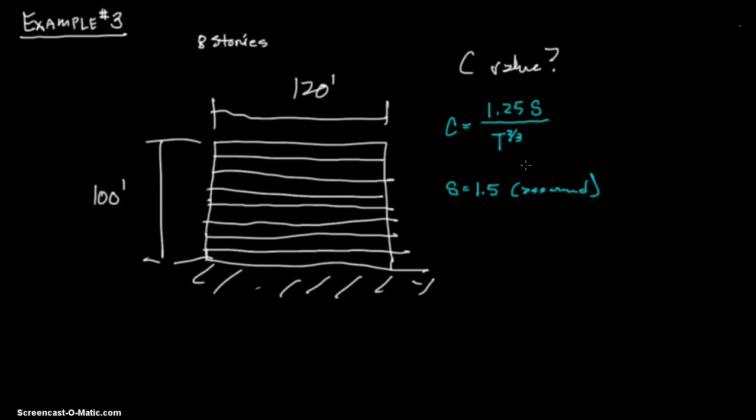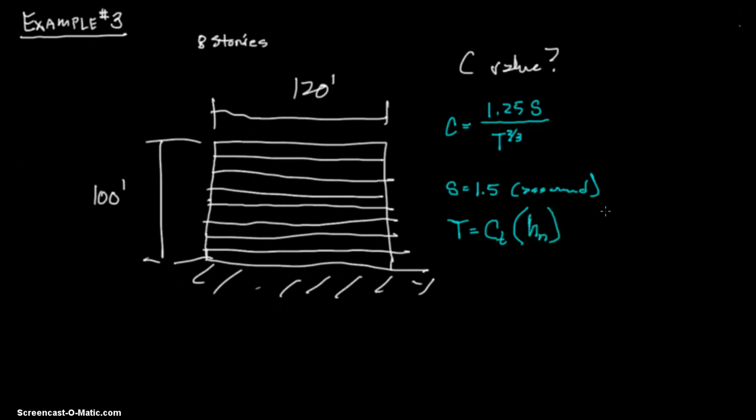And then we also need to find T. You can see the equation for T equals C_T times h_n to the 3/4 power. You won't have to memorize all of this stuff, these different equations will be in the UBC or the IBC. I'm not saying that they're exactly the same equations, but you're introducing another coefficient and another unknown.